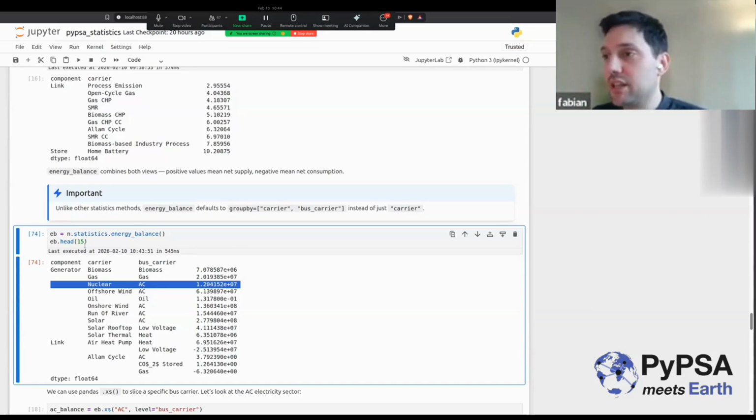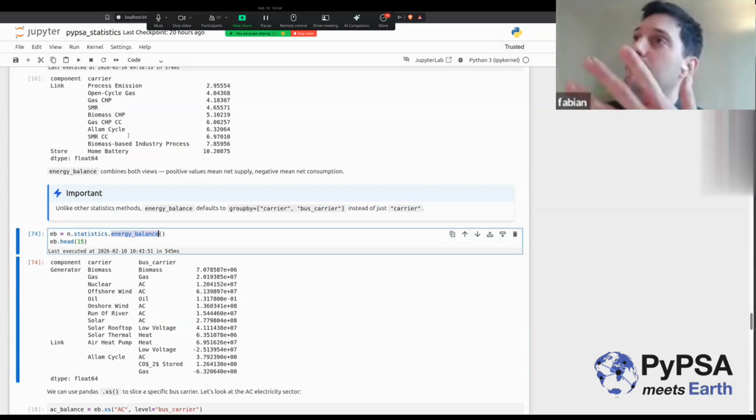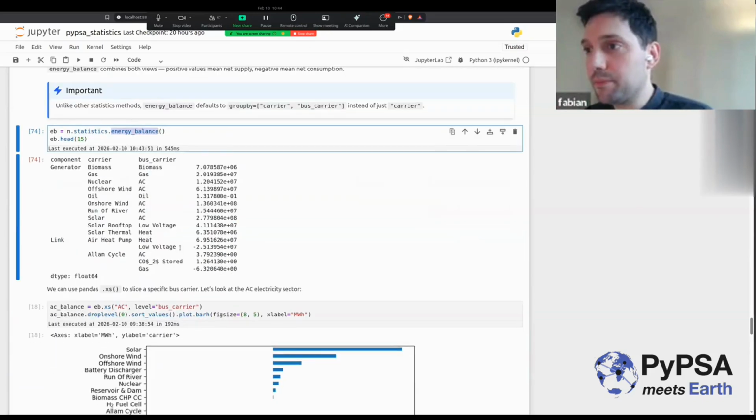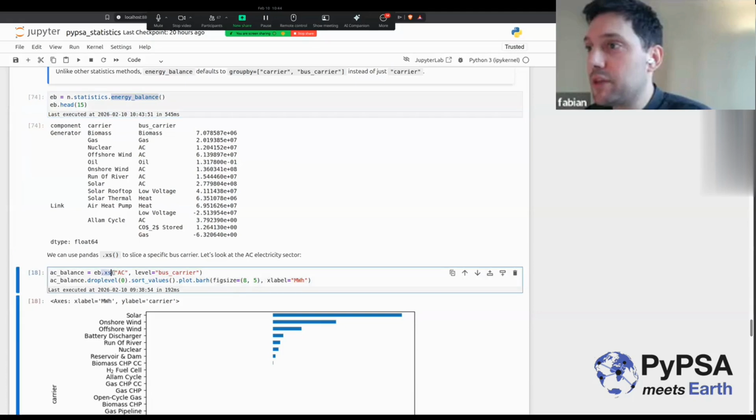And this aggregation runs for the supply and the withdrawal at the same time, which is then combined in the energy balance. So energy balance is the sum of withdrawal and supply. And there you can think about various operations that you can do afterwards as well. So xs is something that you might be interested in. Now you have a table, you can select certain things.